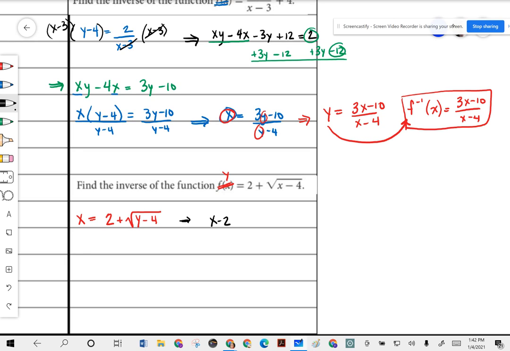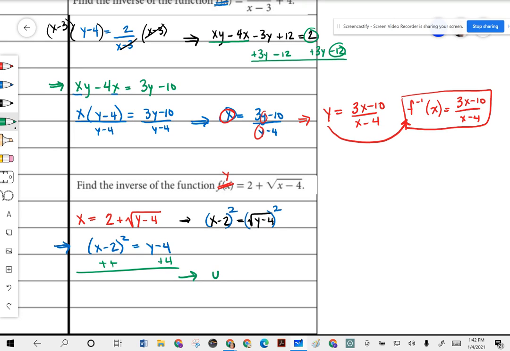So I get x minus 2 is equal to the square root of y minus 4. And then to undo the square root, I need to square both sides. It's okay for you to leave x minus 2 squared in that form. And then from here, I'm going to add 4 to both sides.